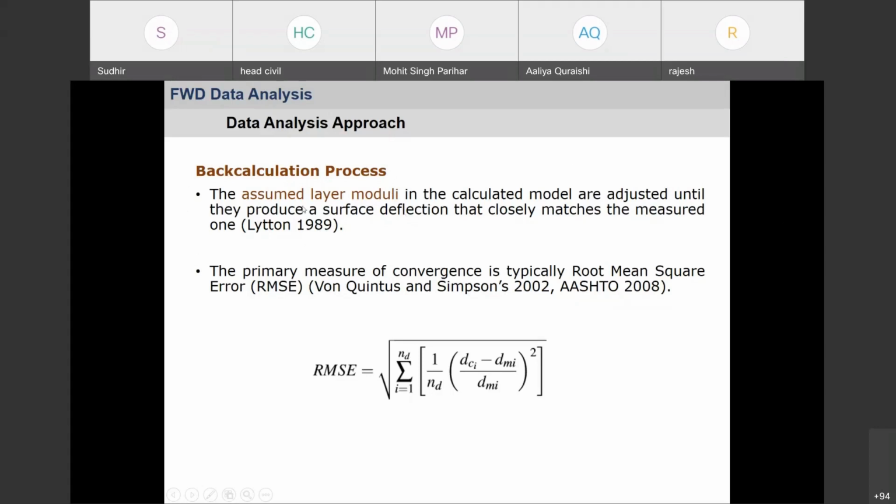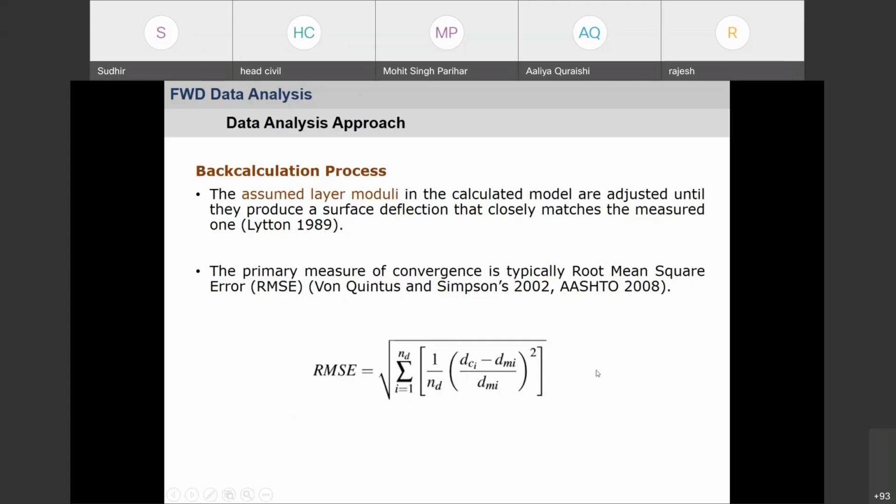As I was telling you, you want the calculated surface deflections to be close to the measured surface deflections, so we would like to define what this closeness is. To define the closeness, you can define the root mean square error, which is defined using the difference between the measured and calculated surface deflections.